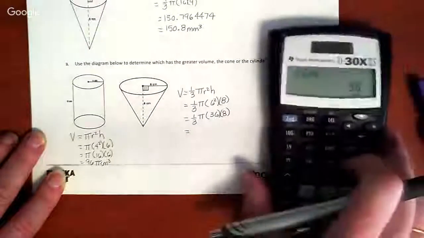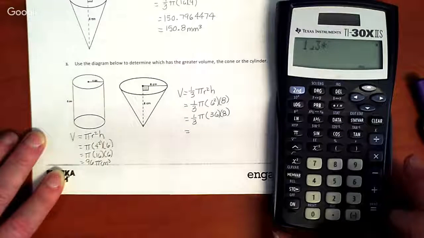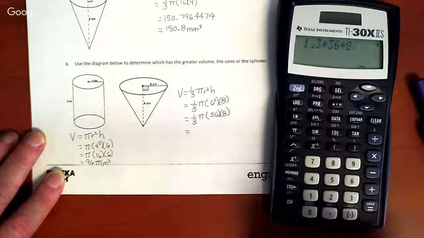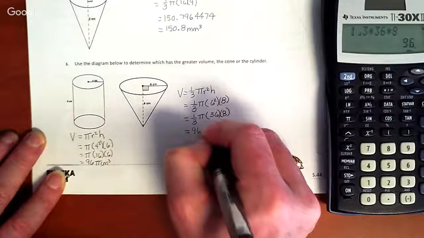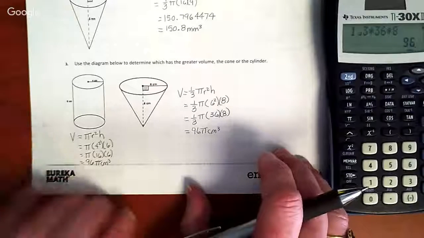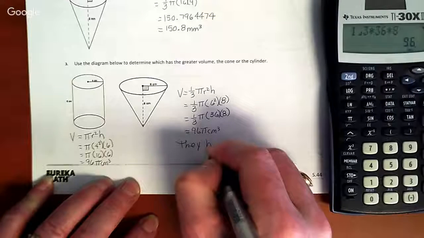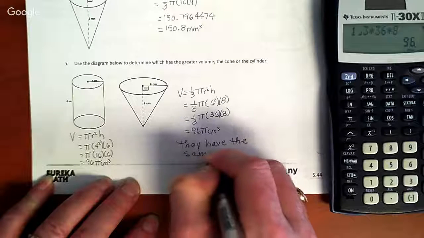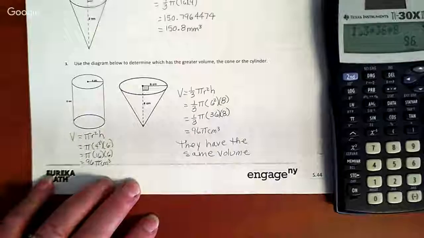So we have here 1/3 multiplied by 36 multiplied by 8. And here we have 96 pi centimeters cubed. And we find that they have the same. They have the same volume.